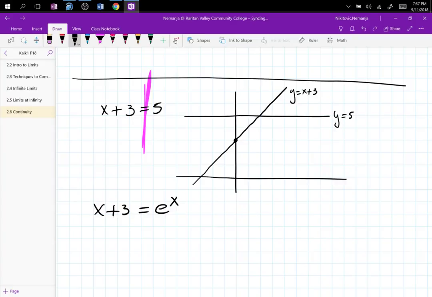When you say y equals y, you do get x plus 3 equals 5. Bueno? This point over here is called the point of intersection. What is its x value? 2. Exactly. That is how you solve every possible problem ever.